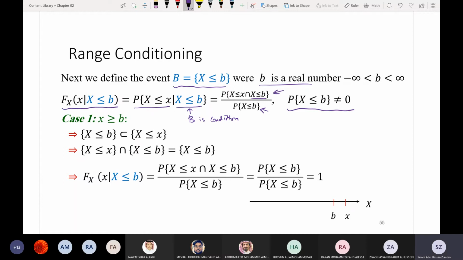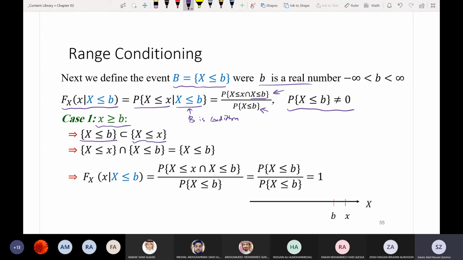Okay. Now we have two cases here. Whether x is larger than or equal to b, or x is less than or equal to b. A relative value of x related to b. So when x is larger than or equal to b, what does this mean? It means that the event x less than or equal to b is a subset of the event x less than or equal to small x.